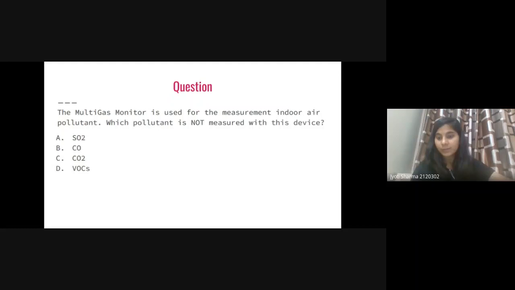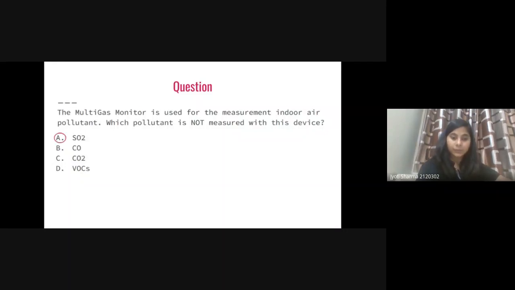Okay, Rashmi already gave me A. Alka? A maybe. Okay, so yes, go for the majority. So sulfur dioxide is not among the pollutants that we can measure using that multi-gas monitor.